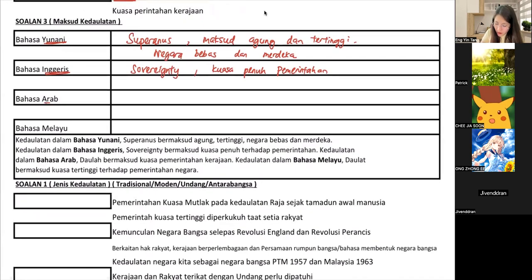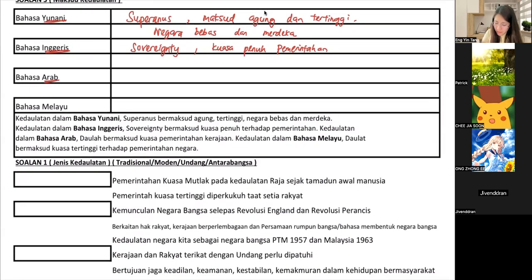So continue. Arab is daulah. So daulah referring to the power to manage the kingdom. Daulat, I'm not writing a full sentence. I'm just writing the keywords.